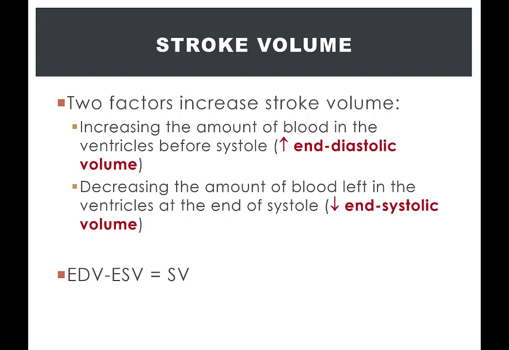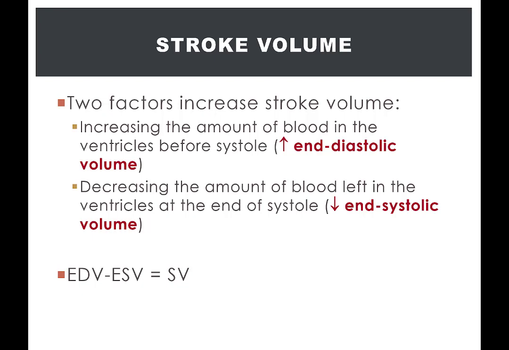Why? Remember, during exercise, the muscle pump mechanism is highly active, and that will facilitate blood returning to the heart via the veins, aka venous return. This means that there is more volume of blood filling the ventricle between each contraction or heartbeat. So stroke volume increases partly because end diastolic volume increases.